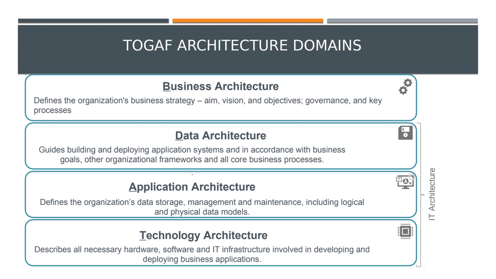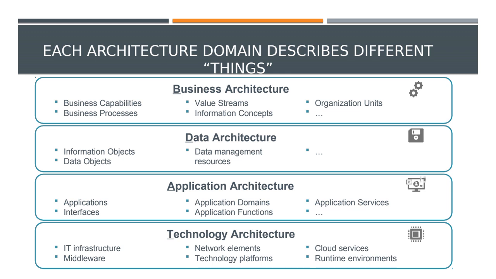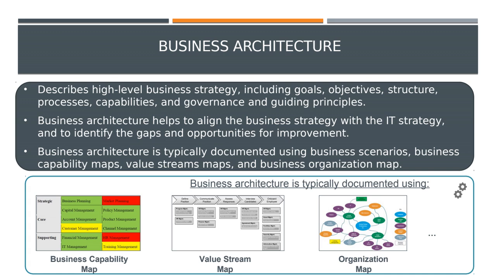Now these are the domains in your TOGAF. Please look at them. You need to know them. We have business architecture, data architecture, application architecture, and technology architecture. Okay, this is the business architecture.